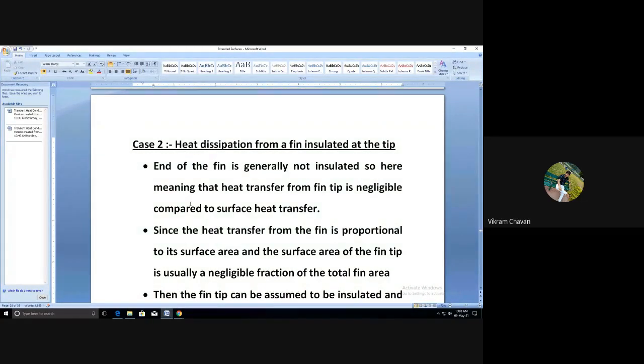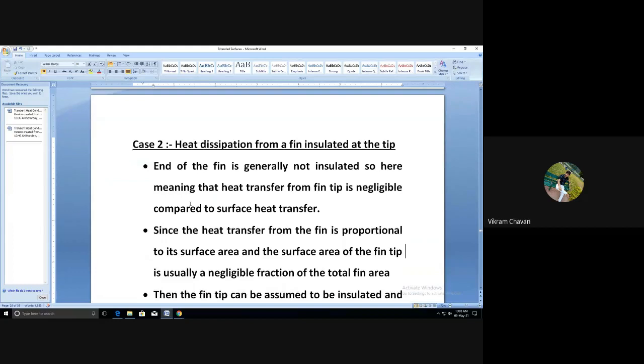The first boundary condition is the same for all types of fin. When x is equal to 0, we are at the bottom of the fin, and the temperature of the fin is considered as the base temperature, T naught.